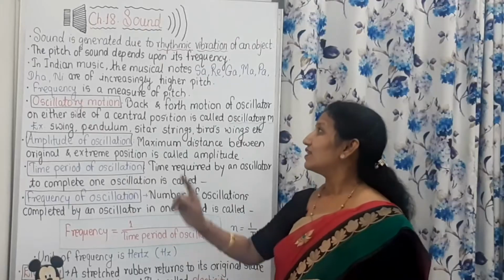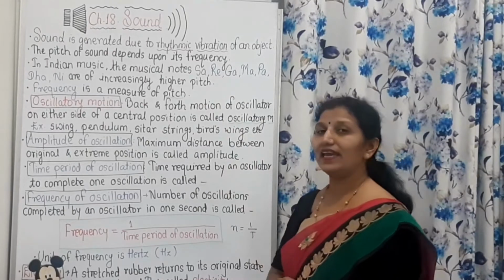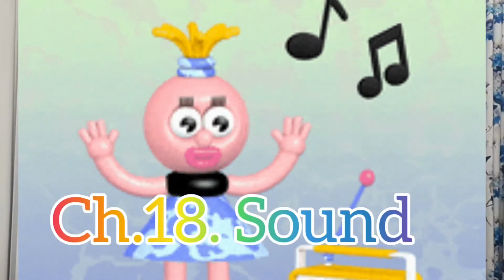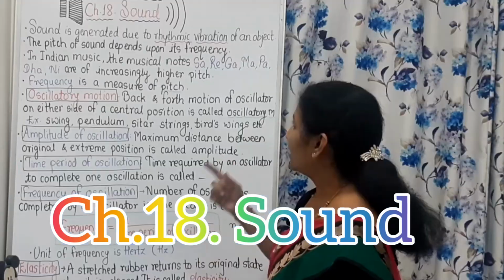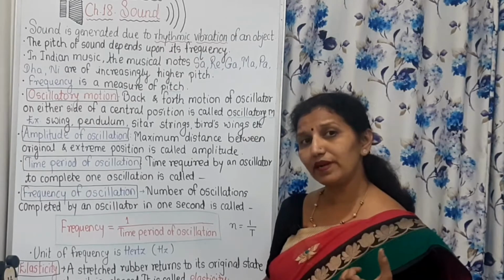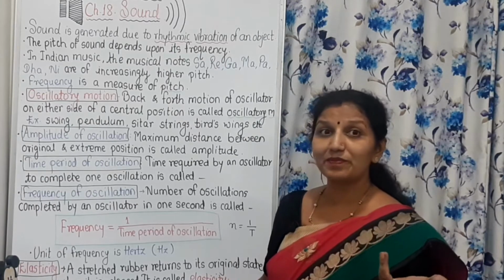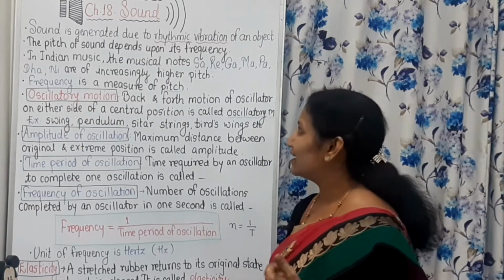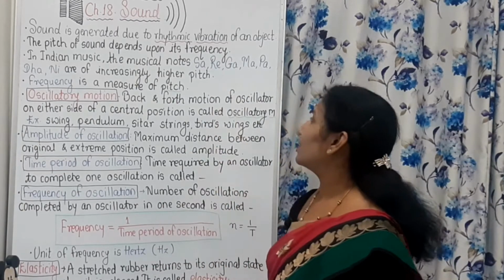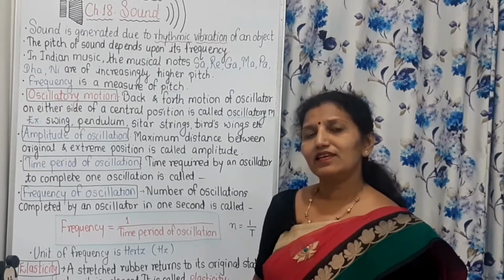This is what we are going to study in chapter 18, and the name of the chapter is Sound. See, some sound vibrations can be felt whereas some vibrations cannot be felt, and that's why sound is generated due to rhythmic vibration of an object.